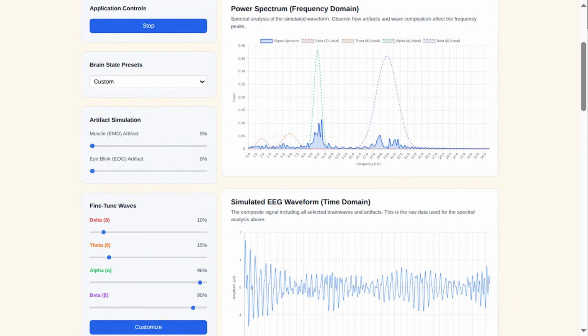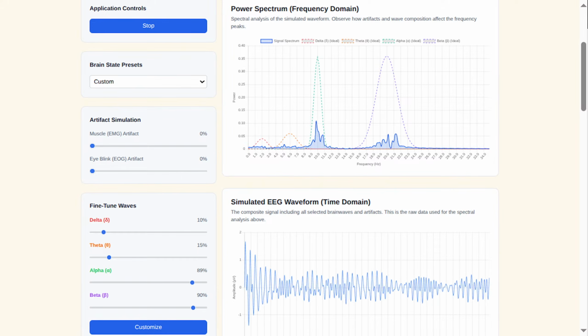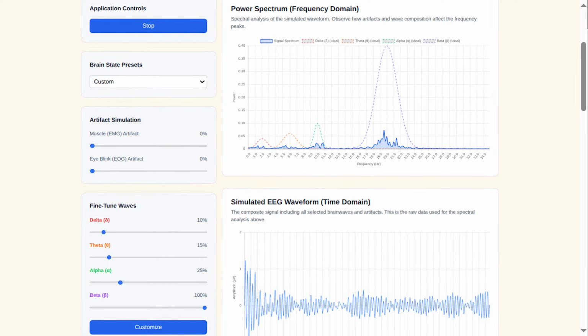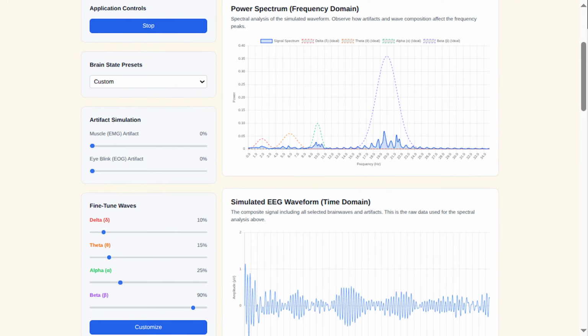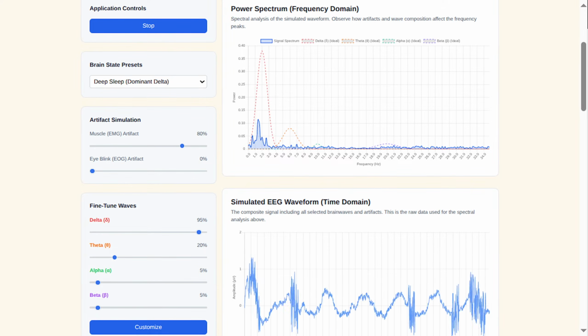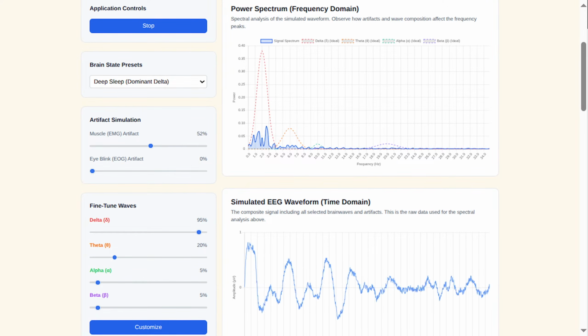EEG electrode placement, something. A 3D head. That will be hard. Scalp, subscalp, ECoG, depth.